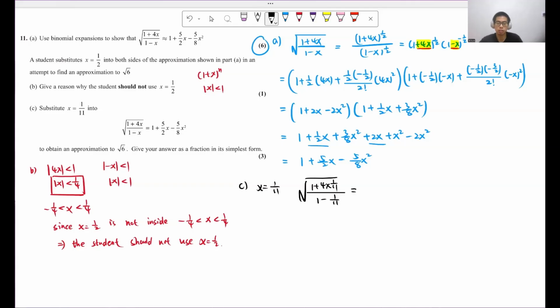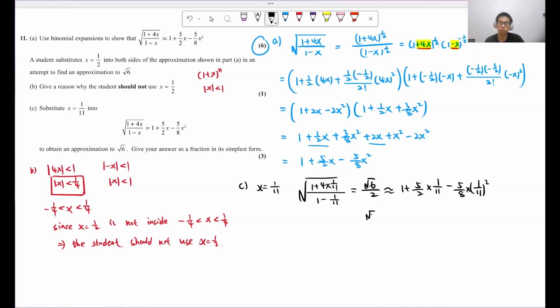I'm just going to put that in the calculator. So 1 plus 4/11 divided by 1 minus 1/11. That's just root 6 over 2. So root 6 over 2 should be approximated to 1 plus 5/2 times 1/11 minus 5/8 times (1/11) squared.